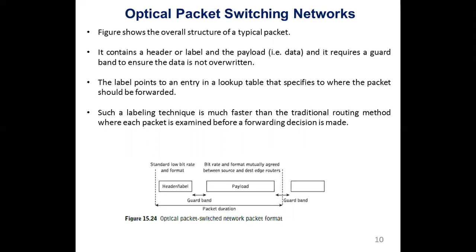Very important, what you can see in the diagram is that between the header or label and the payload, that is data, there is an adequate amount of guard time. This can be seen in two ways. One is it will help in the header and data not being corrupted, not being interfered with. The other way, if you want to see, this will be a waste of bandwidth. So there is a trade-off. The label points to an entry.